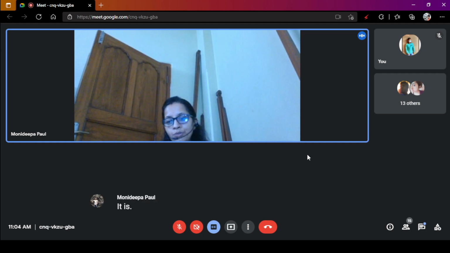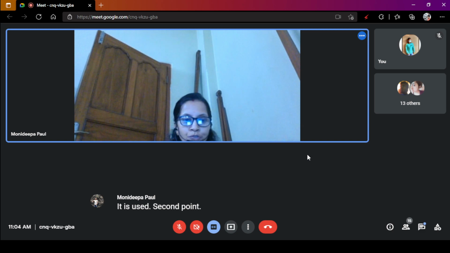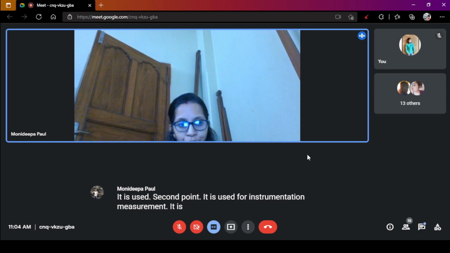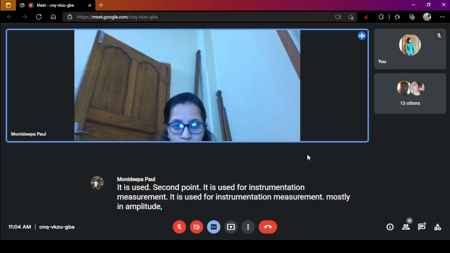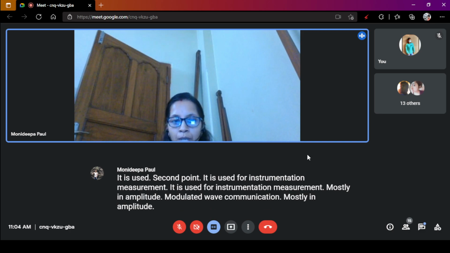Second point: it is used for instrumentation measurement, mostly in amplitude modulated wave communication.